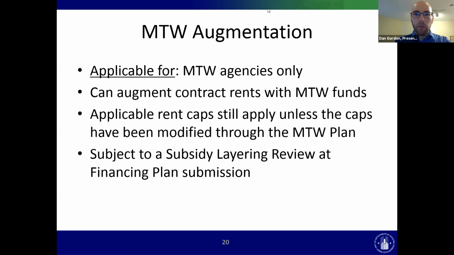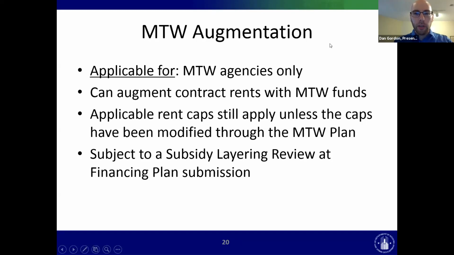Okay, so moving to work augmentation. If you are a moving to work agency, then you have the option to increase contract rents with your existing moving to work funds, which would come from your existing pool of voucher funds.